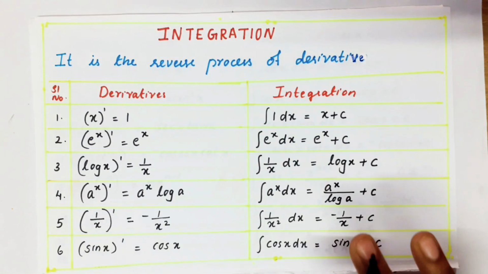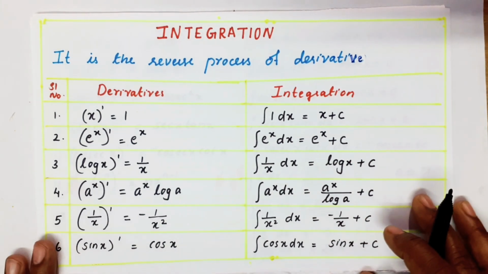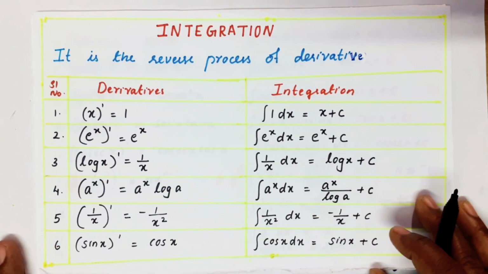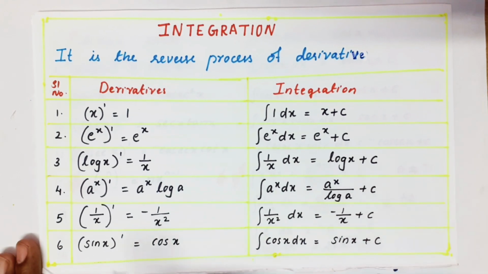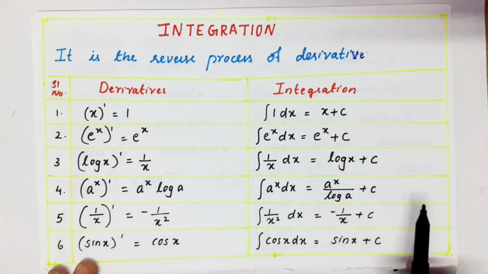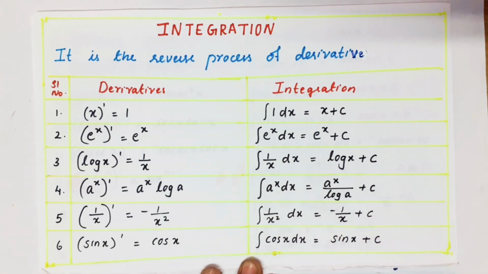We look at some examples. It is very easy. Integration is nothing but the reverse process of derivative. So in the left side column, I have written the derivatives, and on the right side I have written the integration of that. It is easy for a comparative study.